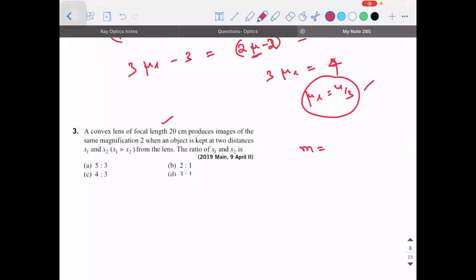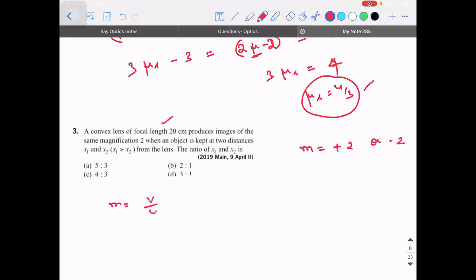Magnification is given as 2. Is it plus 2 or minus 2? Because they didn't say whether it forms a real image or a virtual image. So we can take plus 2 or minus 2.